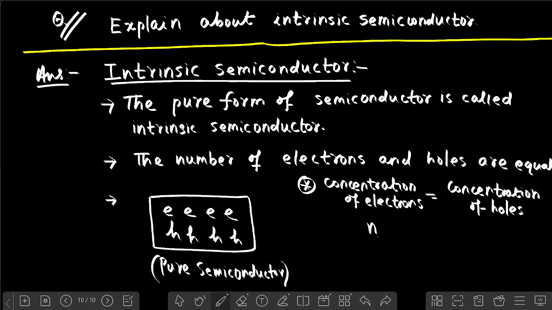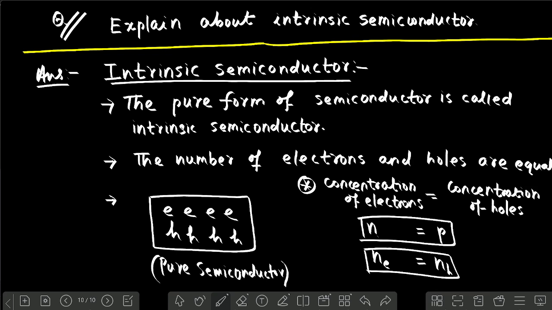So we give it as n equal to p, or Ne equal to NH. So n and p are basically the number density of electron and hole respectively. n is the number density for electrons, p is the number density for holes. Or you can write Ne and NH. So for pure semiconductor, the concentration of electrons and holes are equal, or number density of electrons and holes are equal. Yes or no? So remember this one.